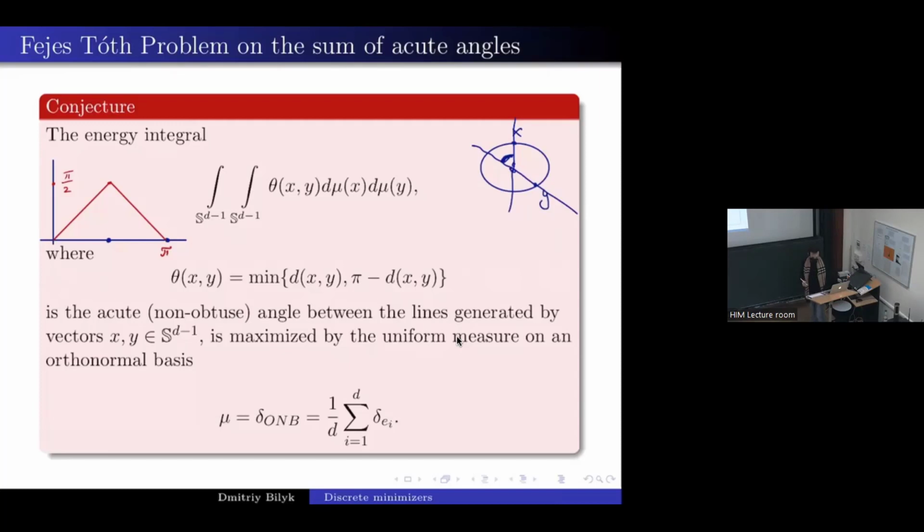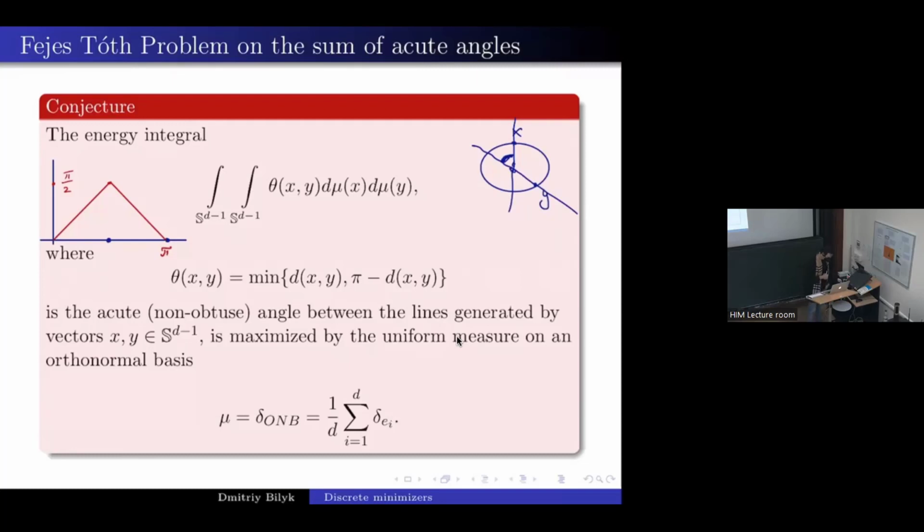Actually, well, if you look at the nature of this function, this doesn't change if we replace x by -x. The correct setting for this problem would be to transfer to the projective space, right? When you associate x and -x, and actually then this wouldn't be attractive repulsive anymore. This would be just attractive.